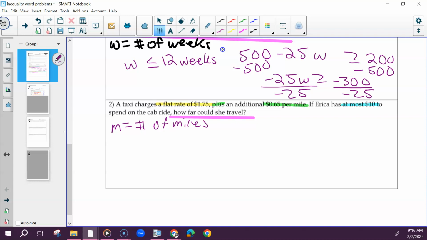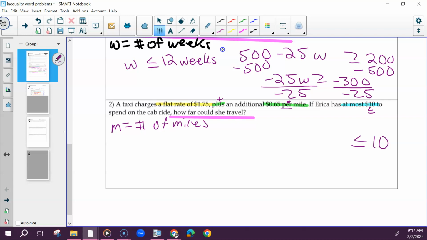Less than or equal to. So we know that this is going to be less than or equal to $10. She can't spend more than what she has. It says the word plus, so that's going to be plus. And our per tells us we're multiplying.